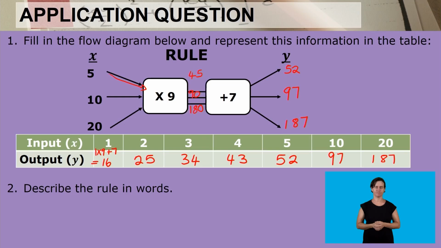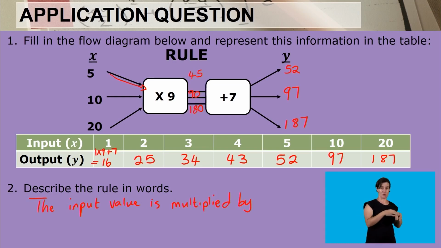Now, how about we describe this rule in words? So when we describe this rule in words, we can see that the input value is multiplied by 9.